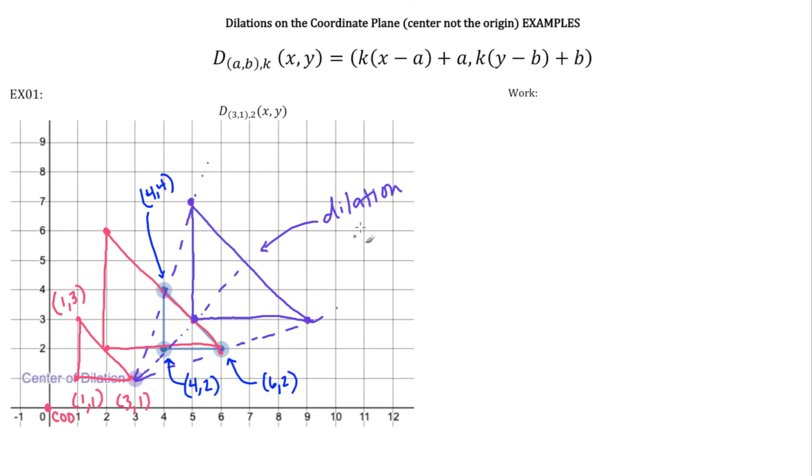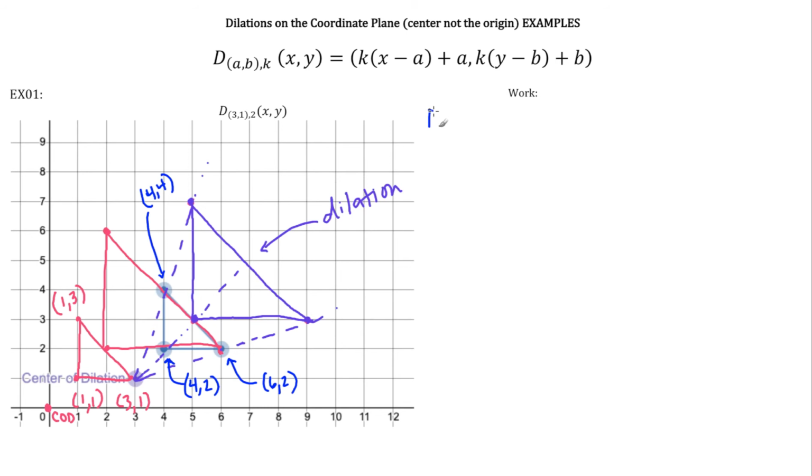So I will take each of these points. So for instance, I want to take 4, 2. And I'm going to do all this to it right here. So I'm going to take 4, and remember, it's the x. I'm going to put 4 right there. Oh, before I do this, you know what I should do? I apologize. I'm going to write this out, well, this part of it.